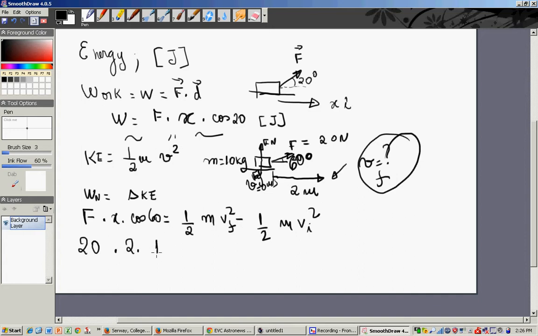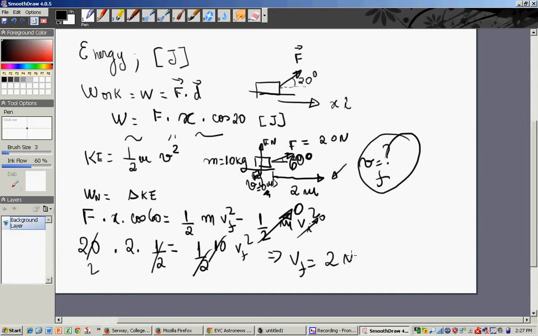Well, for a force of 20 newtons, the block moving 2 meters, cosine of 60 is half. The final velocity I want to find, and I know the initial velocity is 0, the block's not moving in the beginning right here. So this is equal to half, a mass of 10 kilograms, velocity squared is what I want to find.